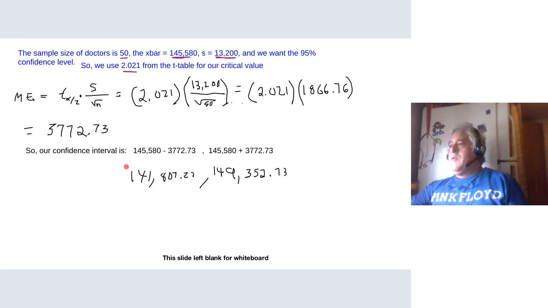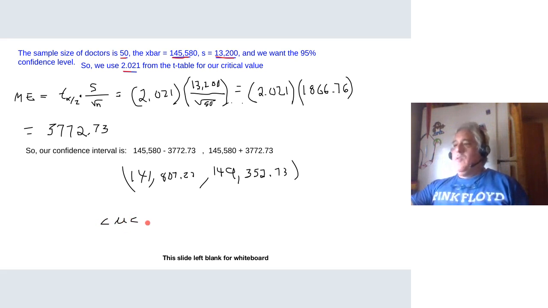So there's our confidence interval. You can write it like that. There are different ways you can do it, but I think the way that the book tends to do it is like this. Remember, this means between.